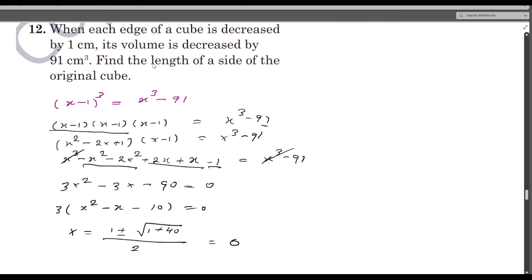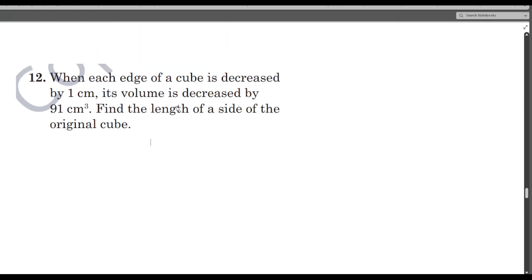Let me do one thing. I will remove all this and solve it again. So there is some technical error I am doing. So when each edge of the cube is decreased by 1 centimeter, its volume is decreased by 91 centimeters.